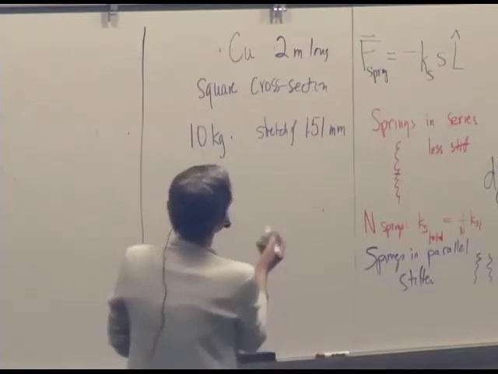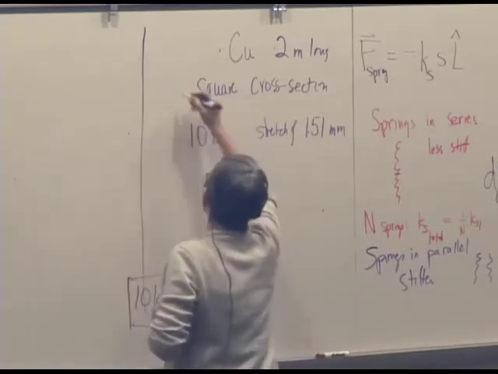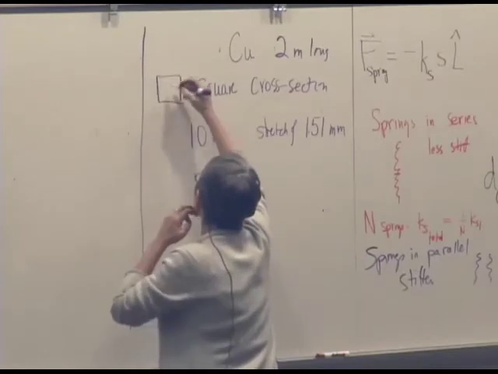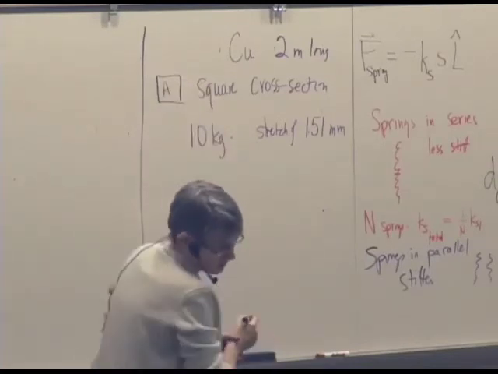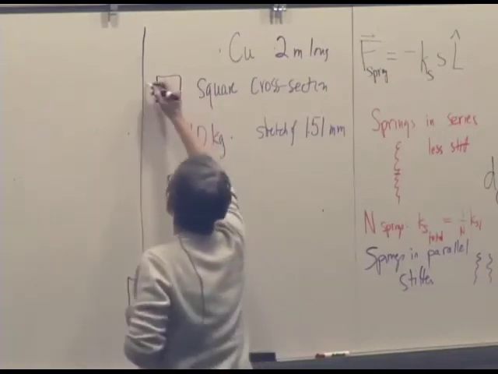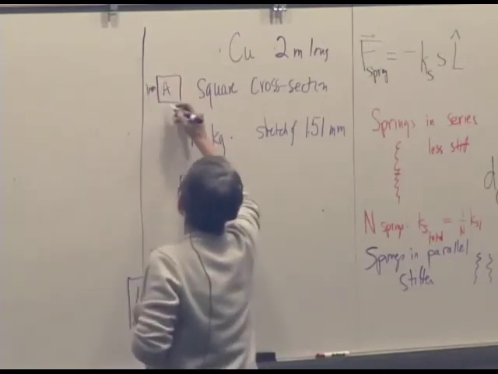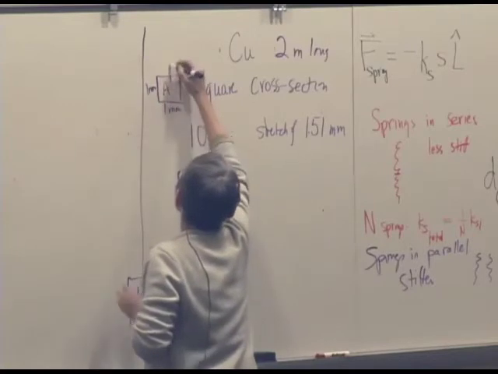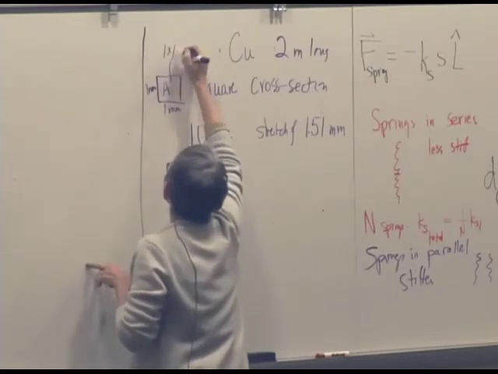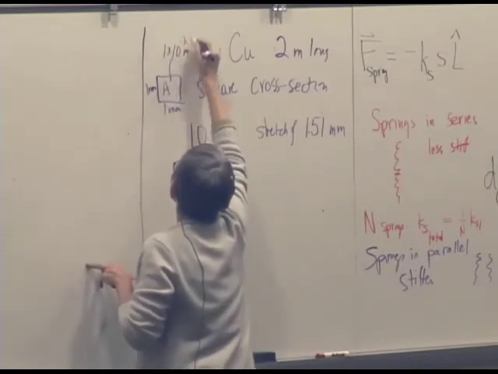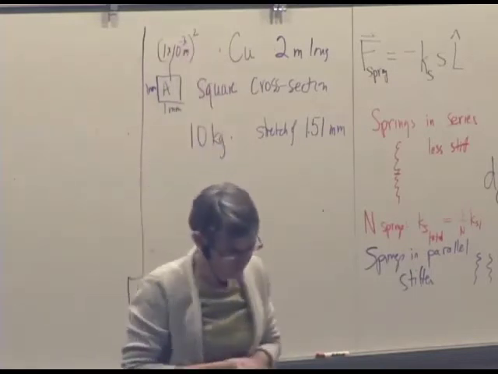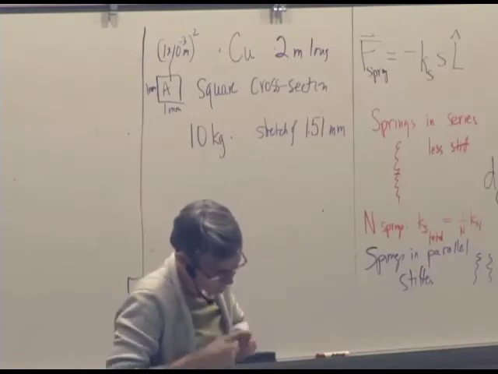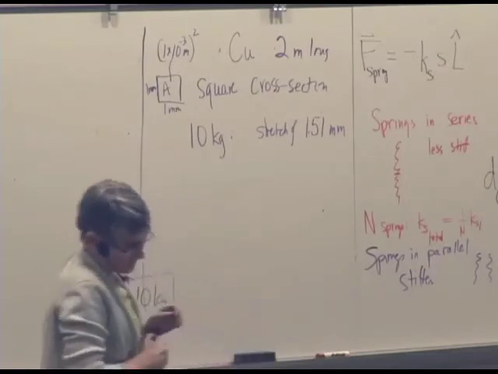And we'll say that the cross-sectional area of the wire is a millimeter on each side. So the area is 1 times 10 to the minus 6 meters squared is the cross-sectional area.